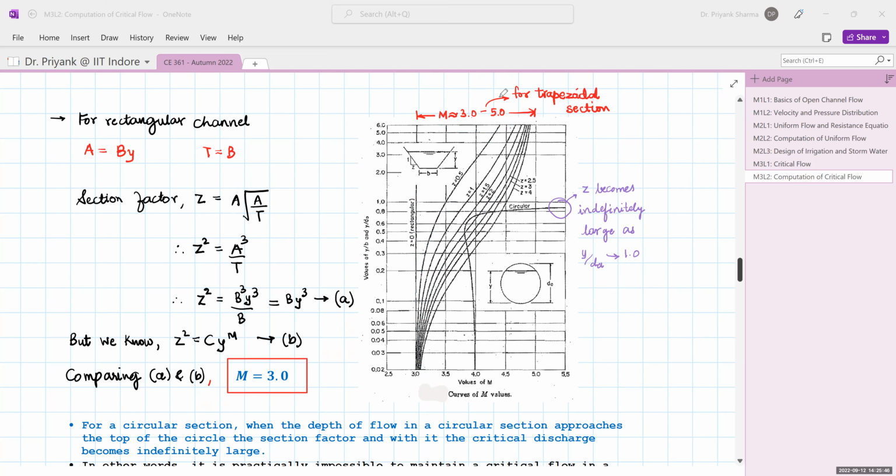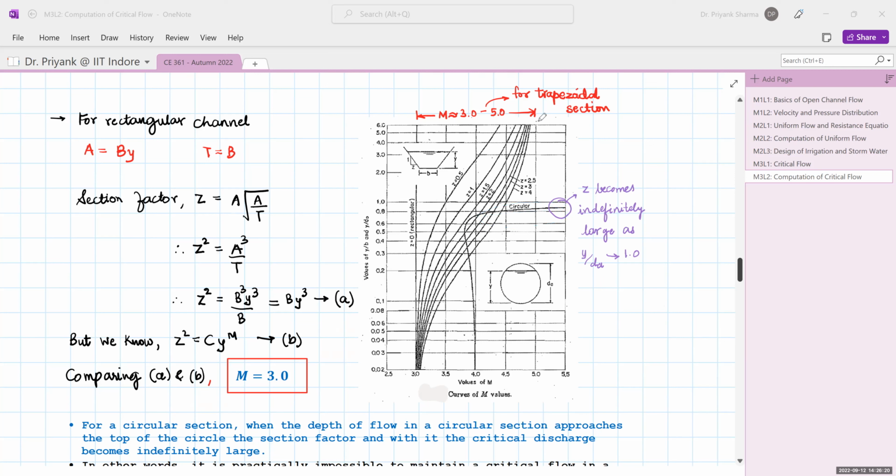However, for a circular section, within the depth range of 0 to 0.8, close to 0.8, you can see the variation in the hydraulic exponent is very small. But once it crosses that depth and nears the full depth or the diameter, you can see indefinite changes in the hydraulic exponent for a circular section.